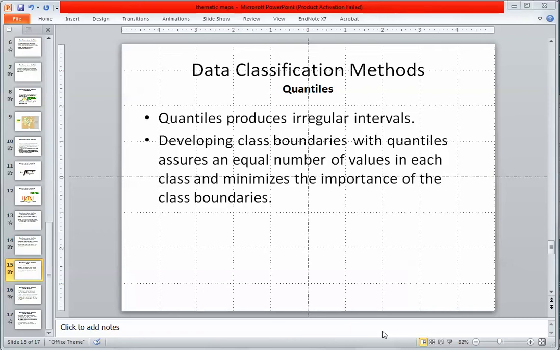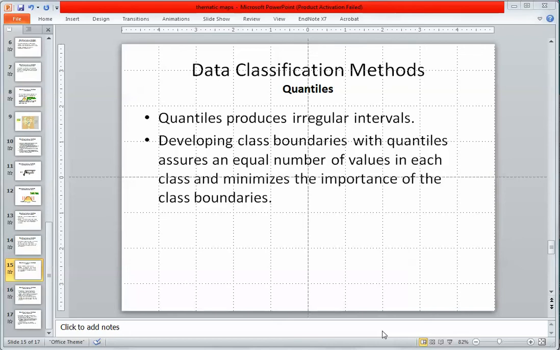And then we count the total number of enumeration units, and we determine an equal number in each class. So if we have 1,000 block groups and we want 5 classes, we're going to have 200 block groups in each one, regardless of what the actual values within each of them are.